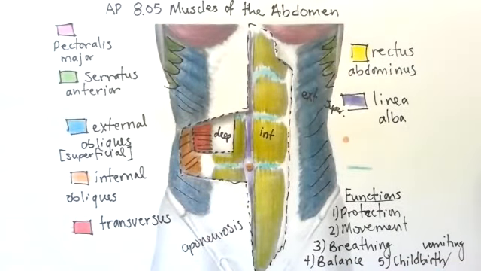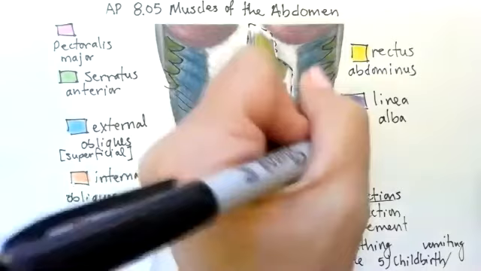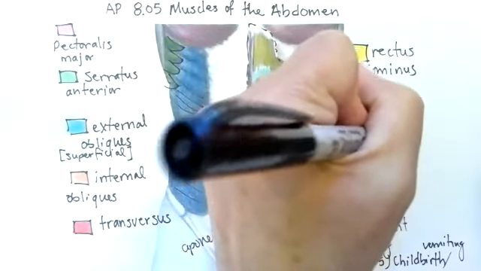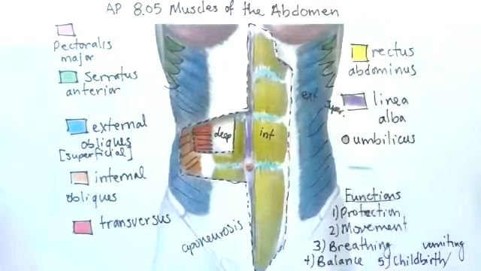L-I-N-E-A A-L-B-A. And at the lower part here in brown, we have the umbilicus. It also has the umbilical region on our quadrants. We've seen this word before.